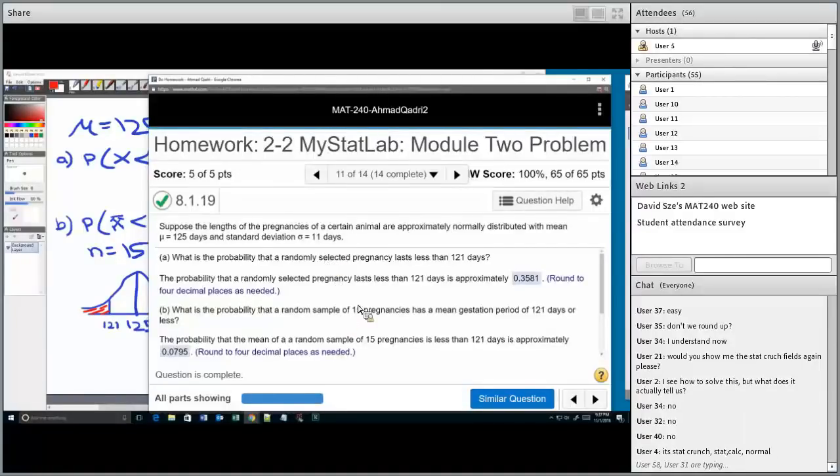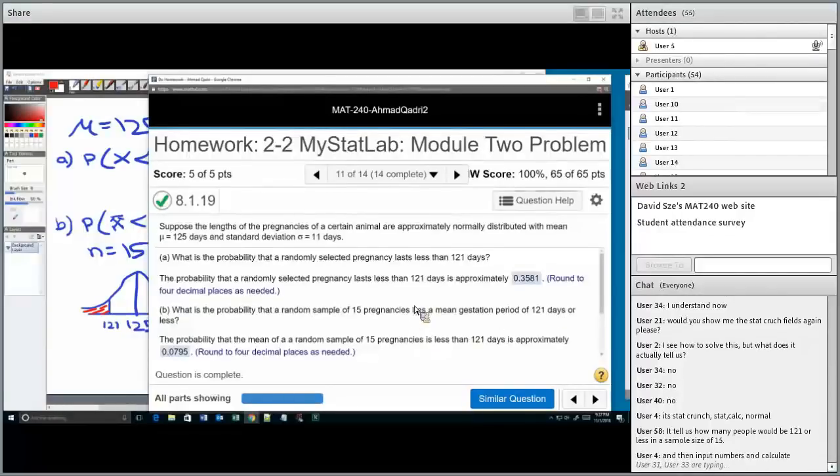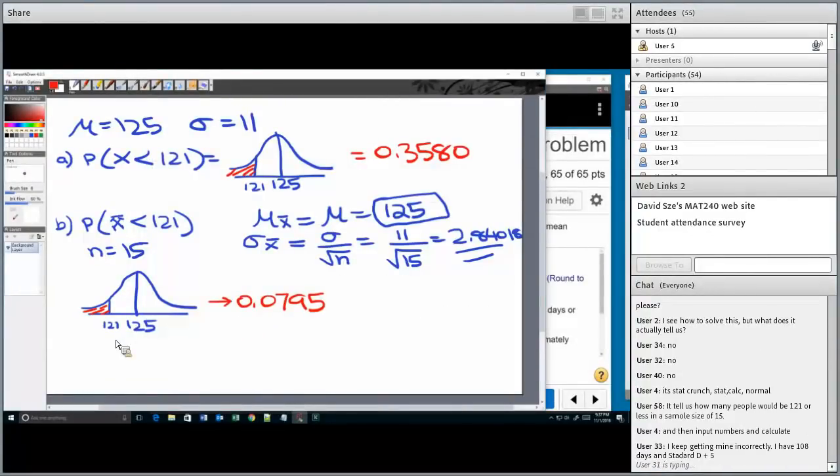But now you're talking about a sample, and what is the probability that its mean is less than 121. So these are two different questions that we're trying to answer. It's telling you that the mean being 121 or less is slightly less likely than selecting one case and that being less than 121.